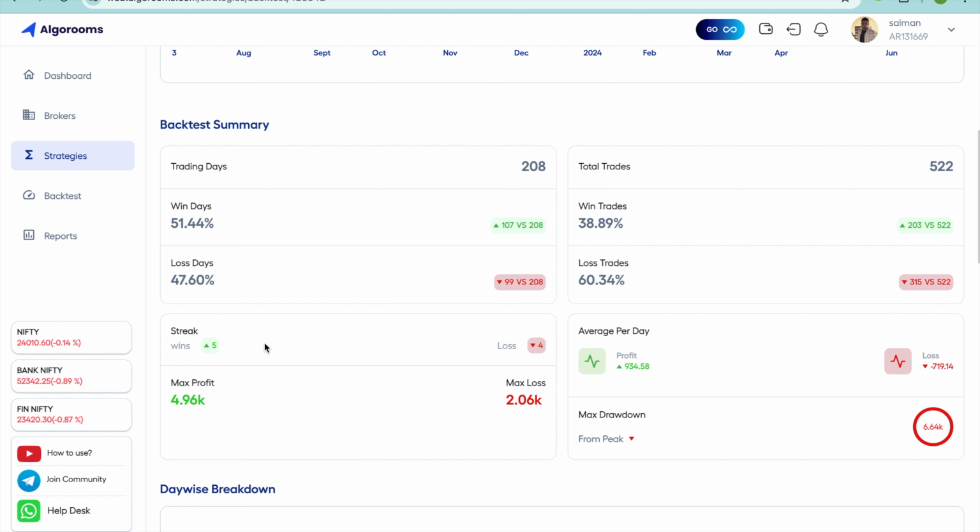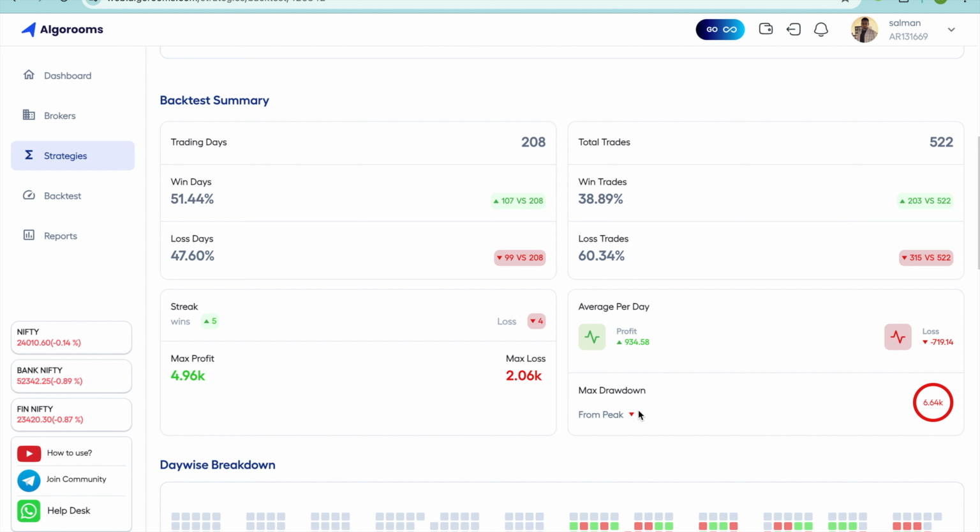Your maximum win streak is 5, loss streak is 4. Max profit is 5,000, and the max loss is around 2k. Drawdown from the peak is 6,400, the average profit per day is 900, and the average loss per day is 700.